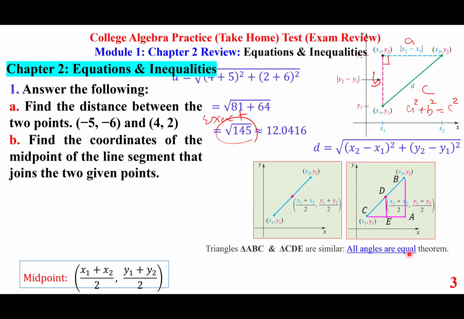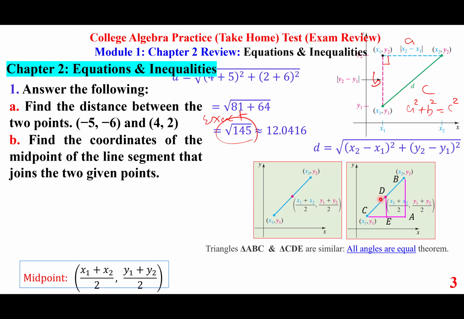This angle is in common, and this angle is equal to this angle, 90 degrees. These two angles are equal and therefore they are similar. So we can say CD from the small one to BC from the big one is the same as CE from the small one to AC from the big one. As we know, CD has a size half of BC. So we know this is half.